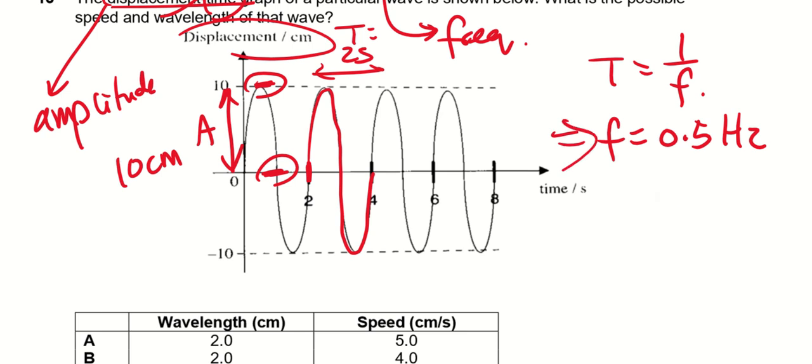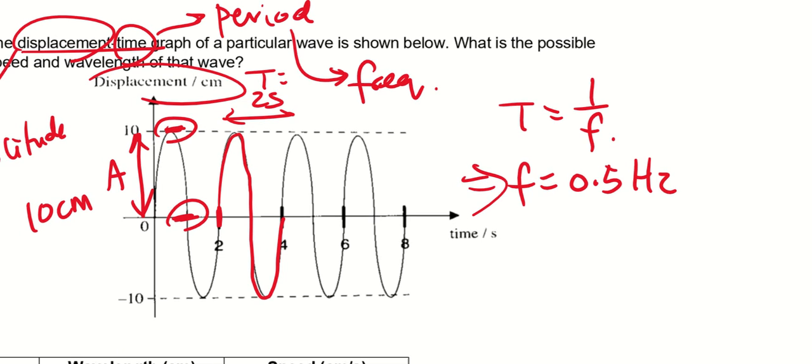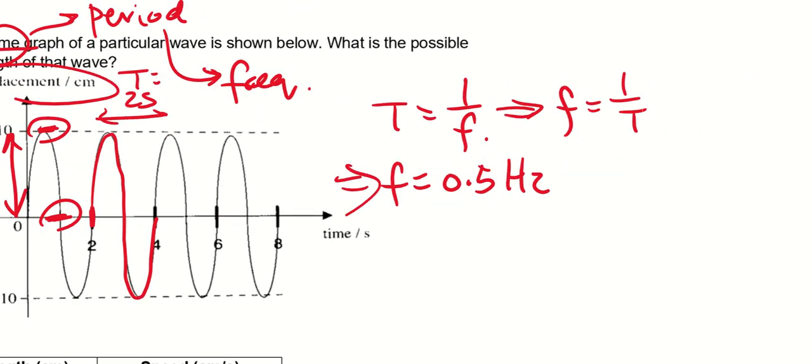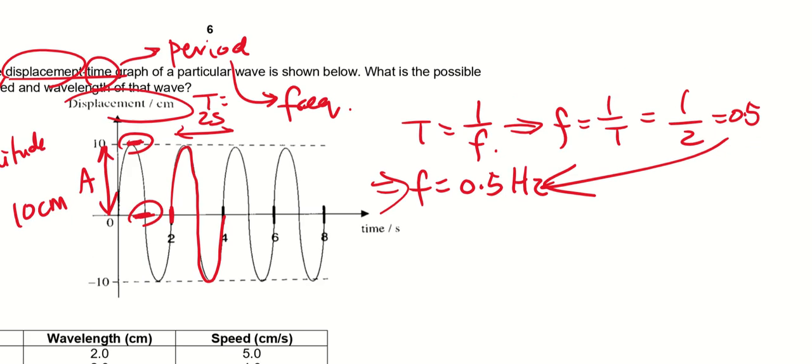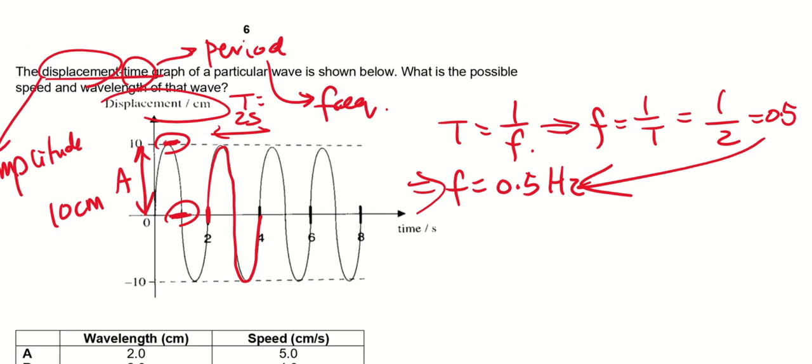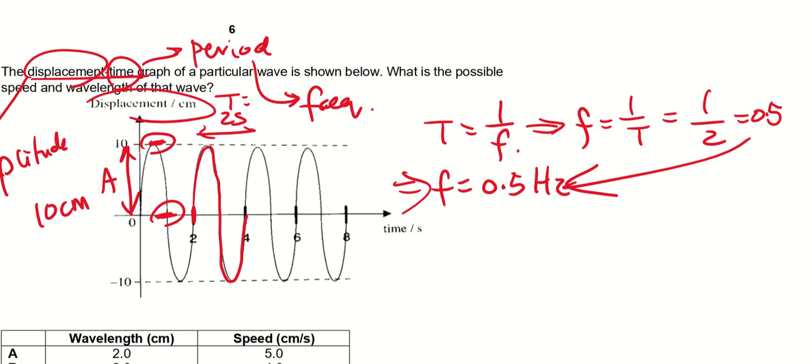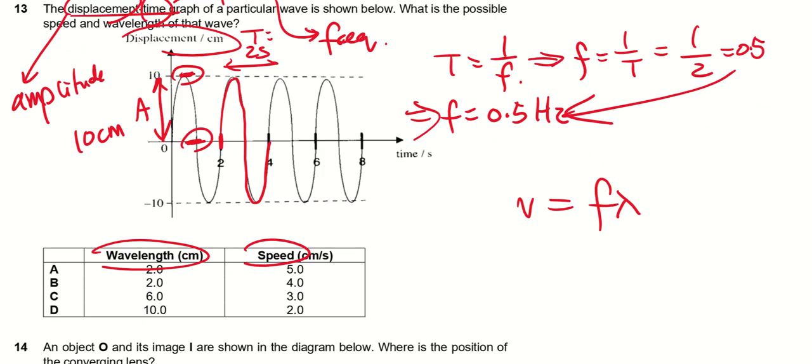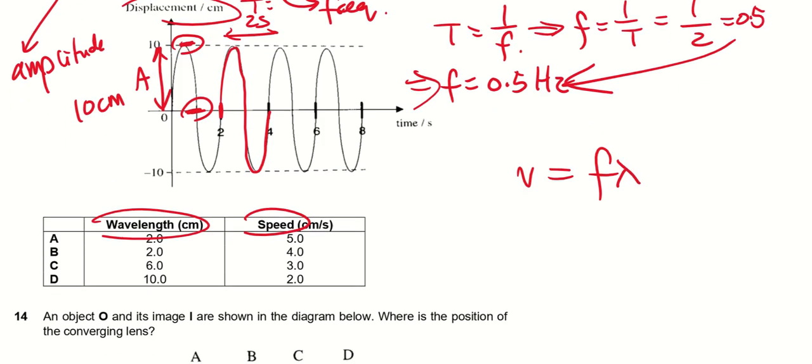After that, F equals 0.5. Okay? So V equals F lambda. All I can use for this question is 0.5 Hertz. That means my V equals 0.5 lambda.